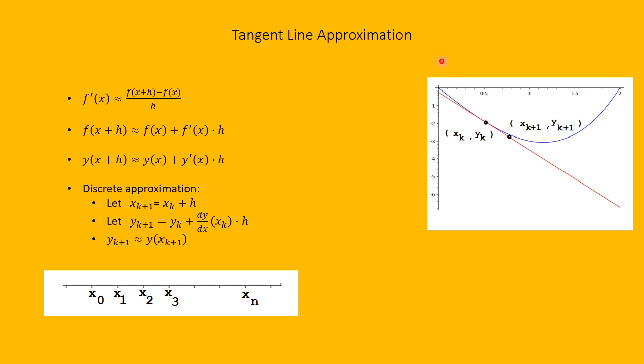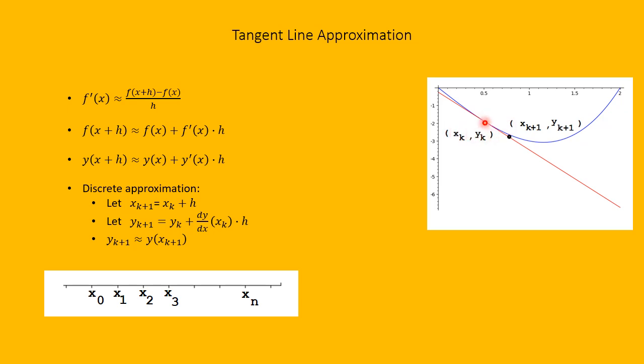In a graph, the situation looks as follows. Suppose that here is the function f of x, or y of x, whichever we want to call it. And on this curve, we have a point, x sub k, y sub k.